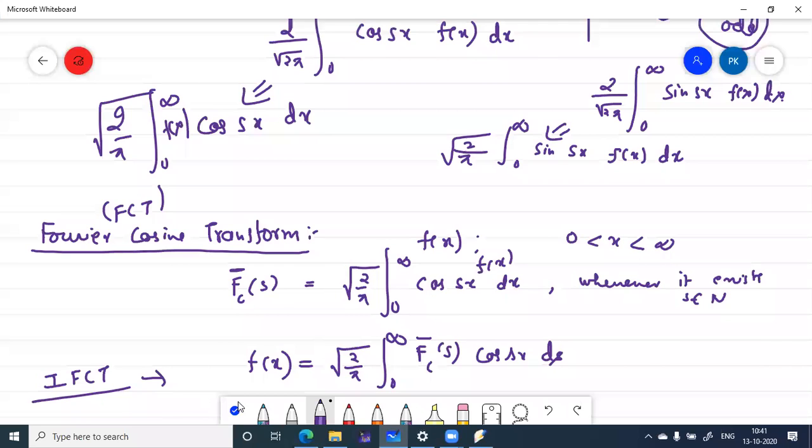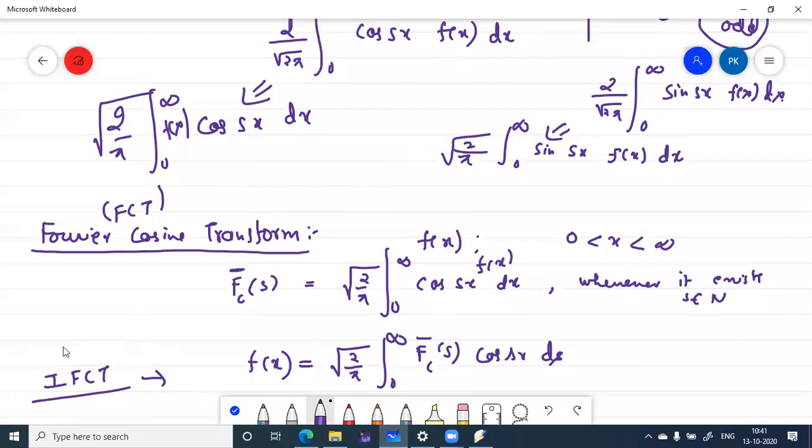In the same way, we have a Fourier sine transform. Fourier sine transform means the function is defined over 0 to infinity and we denote it by fs of s, and it equals square root of 2 by pi, integral from 0 to infinity of f of x sin sx dx.